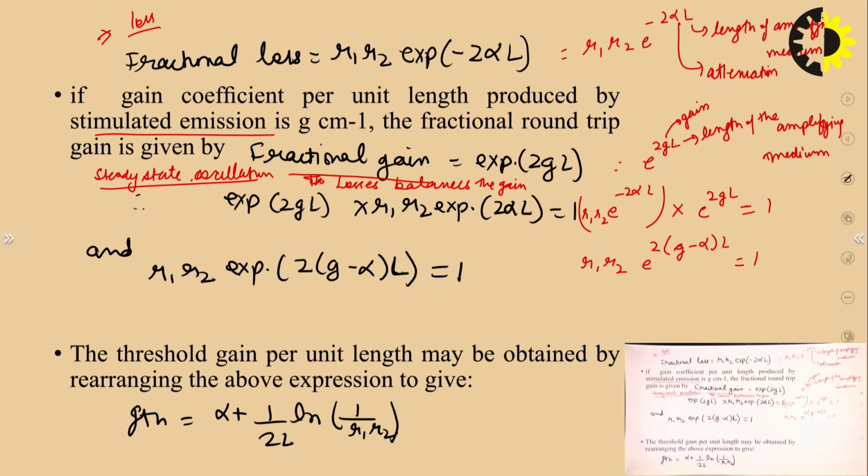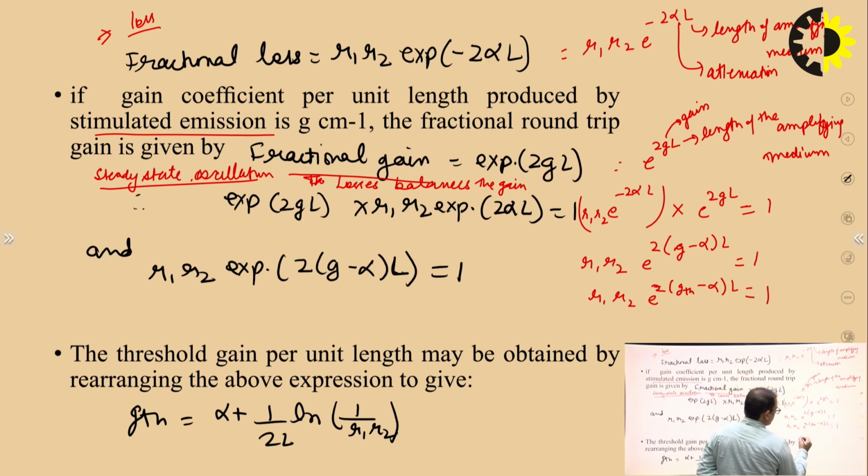Now for the minimum threshold condition, this g can be written as R1 into R2 e to the power 2 into (g threshold minus alpha) into L equal to 1.